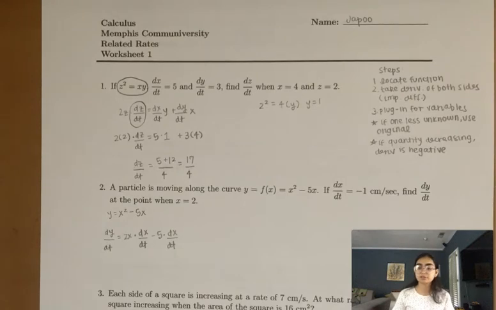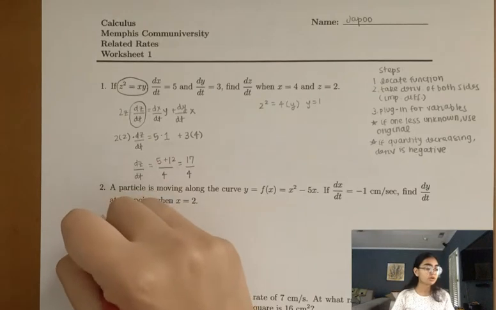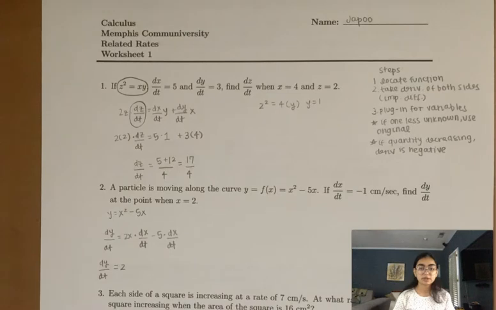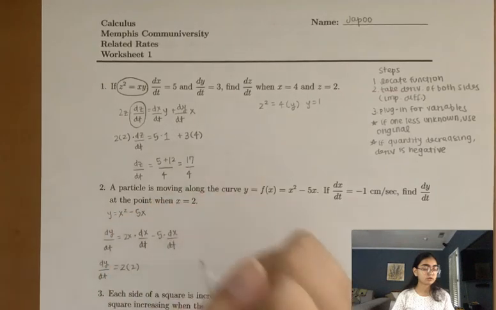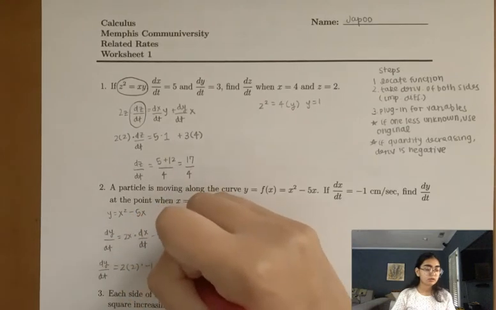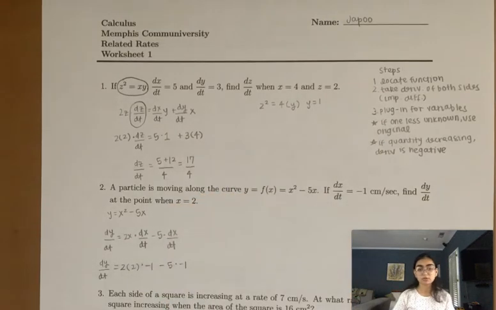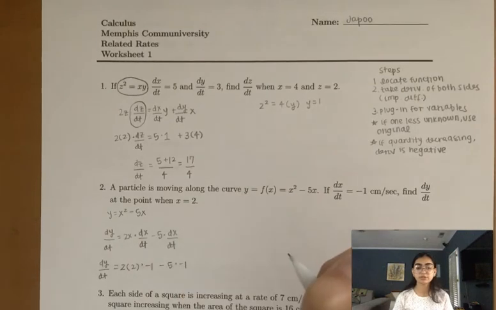So we don't have to use the original function for everything, and we can just plug in everything. So we're going to get dy over dt equals 2 times 2 times negative 1 minus 5 times negative 1 equals 1. And that's our answer for this problem.